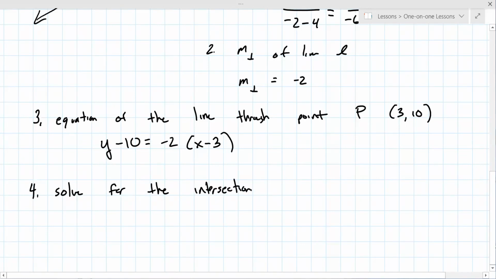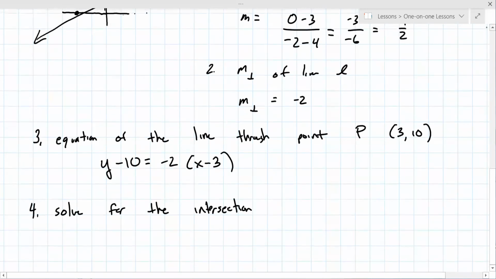There's kind of a 3.5, or you could make it part of step 1, which is that you have to find the other line. The other line had a slope of 1/2, and I'll use the point 4, 3. So we have y minus 3 equals 1/2 times x minus 4.